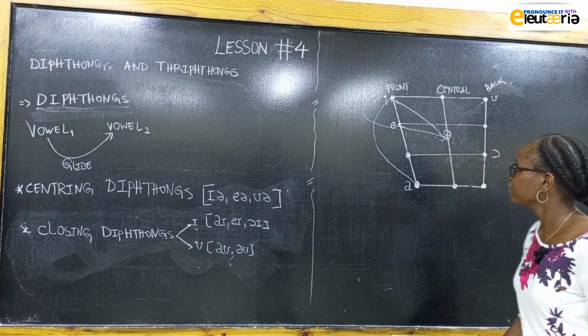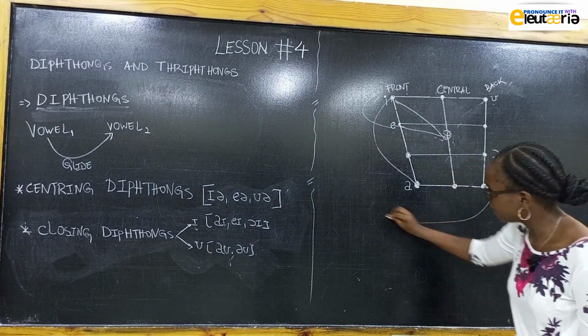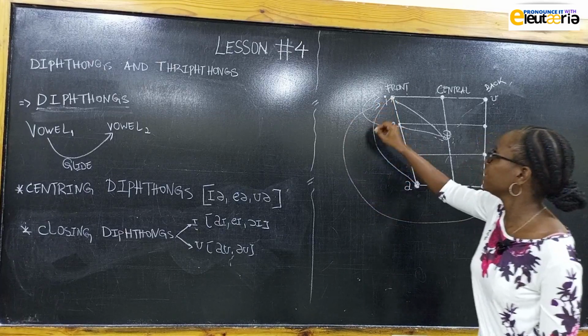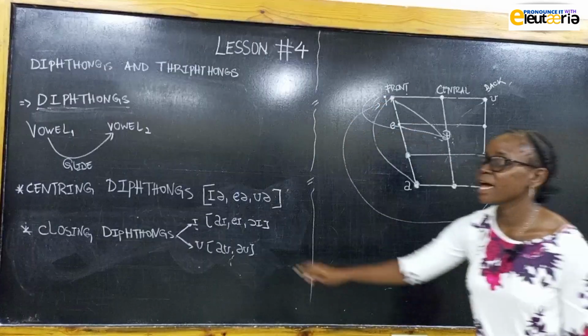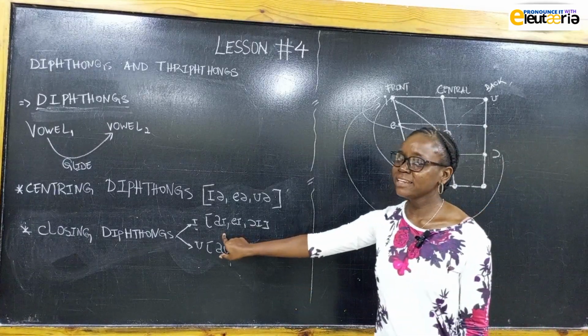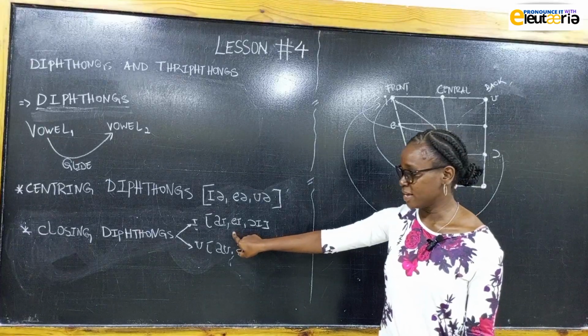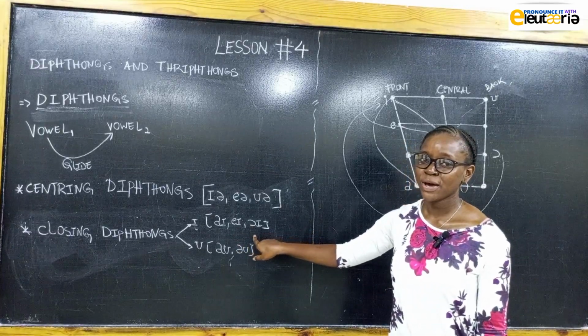And then we have the vowel o that glides to the front vowel e and forms oi. So we have ai, ei, and oi.